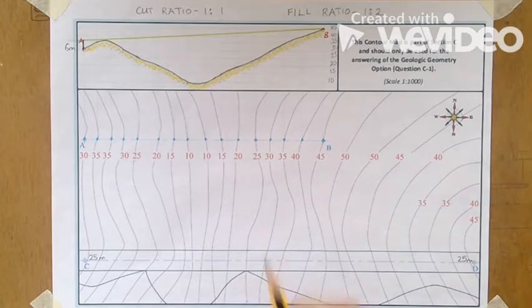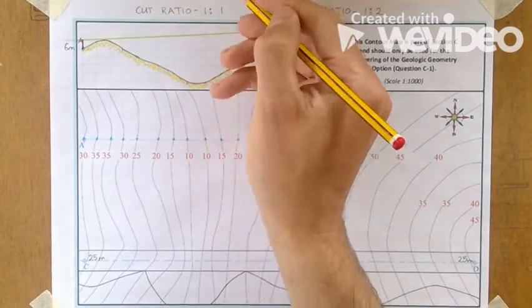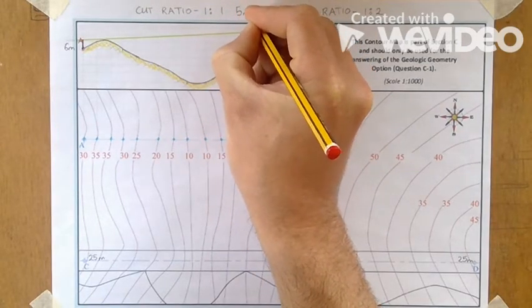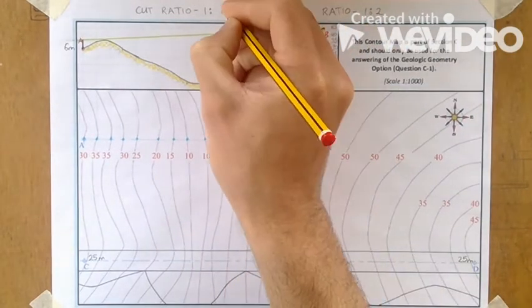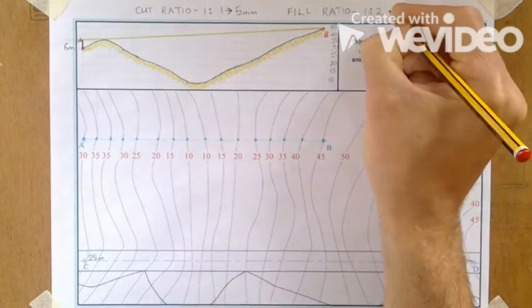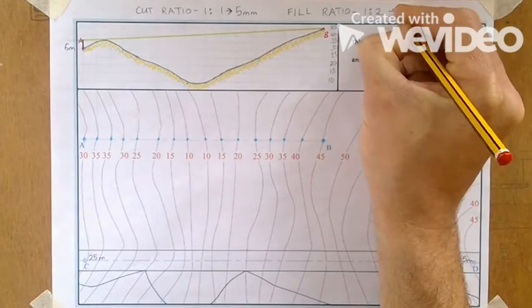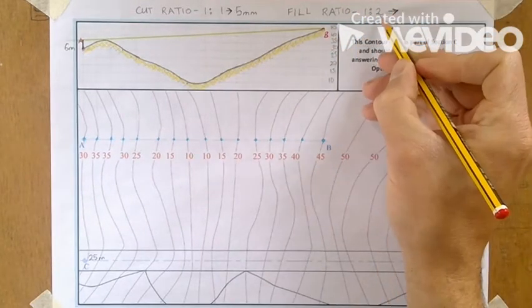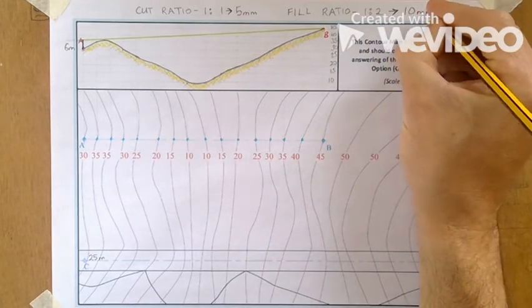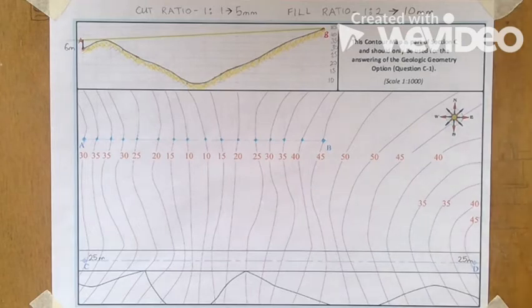So 5 meters by 1:1 would give us 5 millimeters of a vertical spacing for the cut, and then our ratio for the fill is 1:2. So again, you're multiplying 2 by 5, and you're going to get 10 millimeters. Now it's 5 millimeters and 10 millimeters to scale.